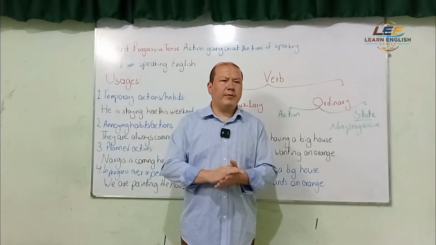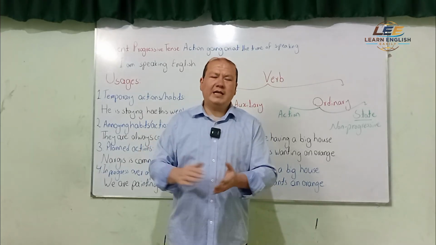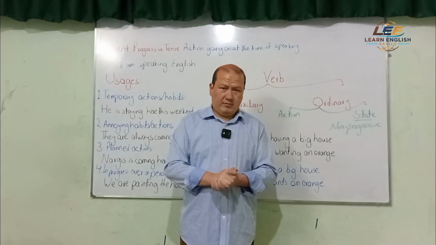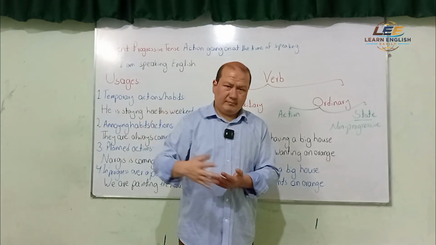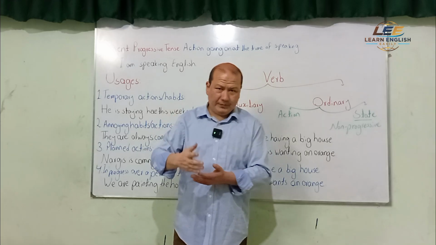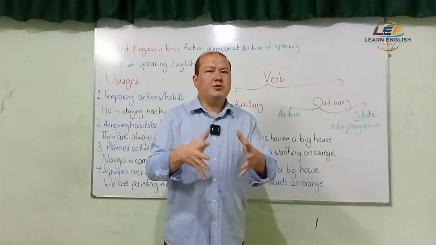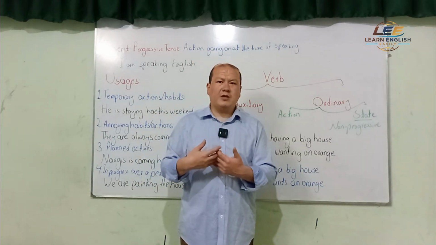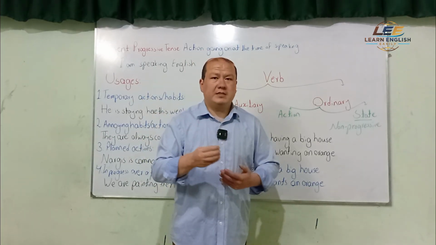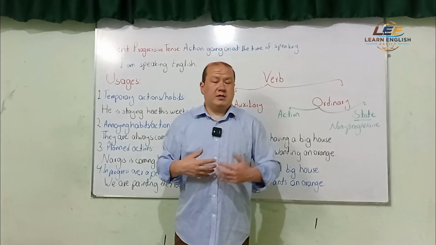For example, the flight or the plane leaves at 5 o'clock on, for example, Thursday. Yes, a few days later. It is also future, but because it is scheduled, I don't use simple future tense or present progressive tense. I use what? Simple present tense. The plane leaves. Yes, the class starts.